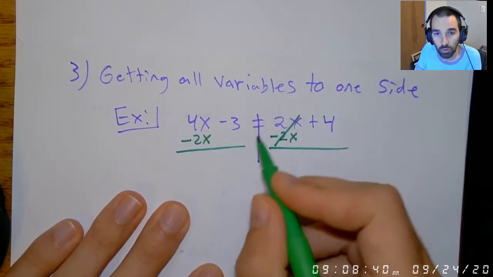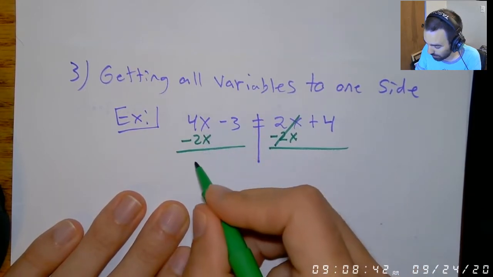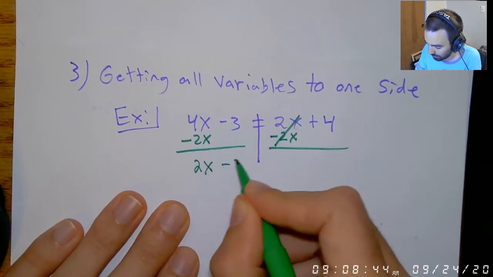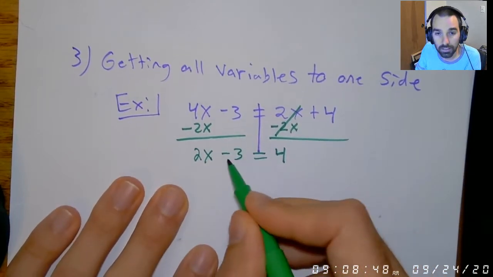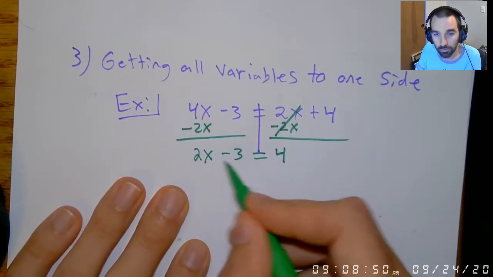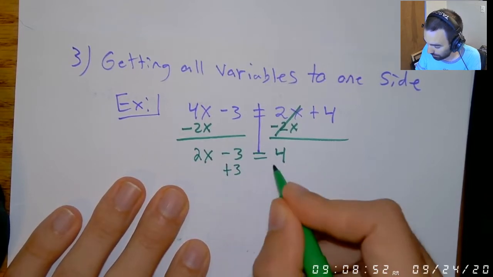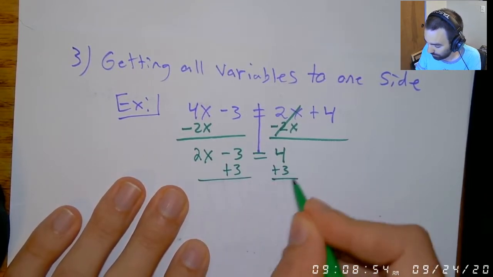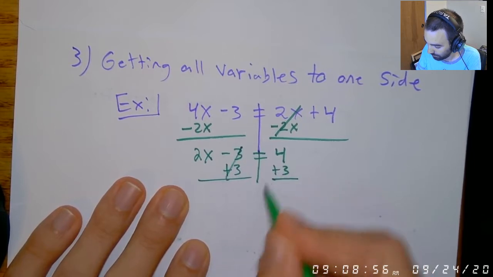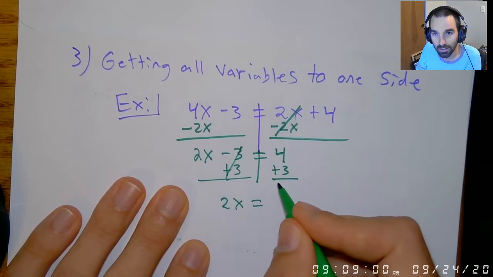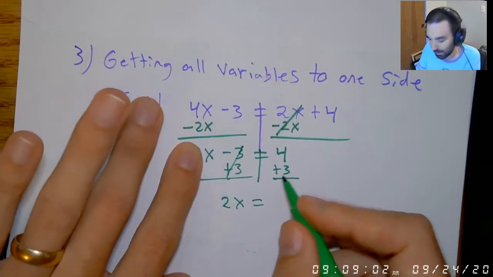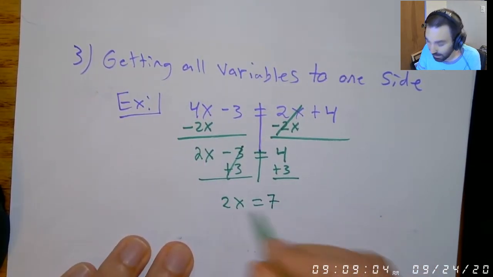So 4x minus 2x is 2x. Then I want to get 2x by itself, so I'm going to move the 3. So I get 2x equals 4 plus 3, which is 7.